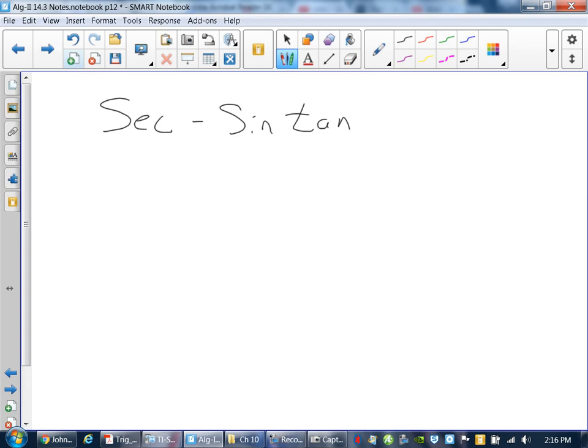Number 8, you set up very similarly to what we did in number 2, I believe. This is another one where I'm going to automatically try to rewrite everything in terms of sines and cosines. So if I rewrite this, I get 1 over cosine minus sine times sine over cosine.